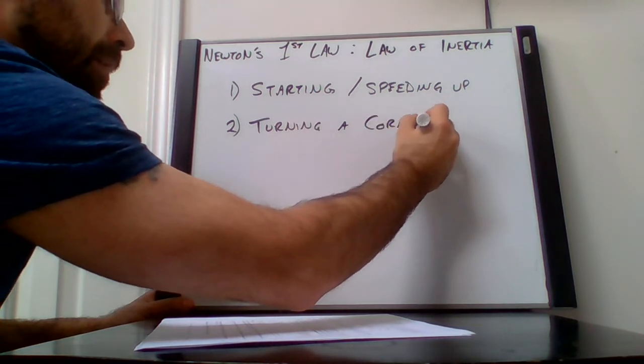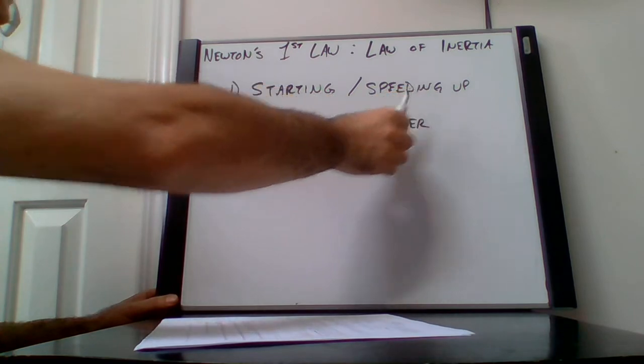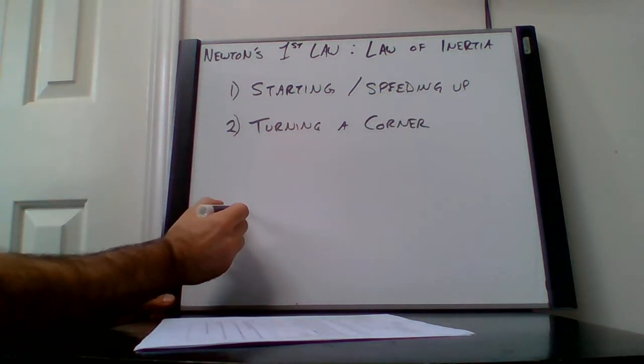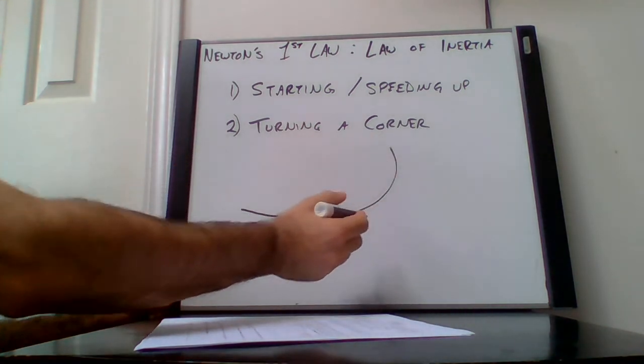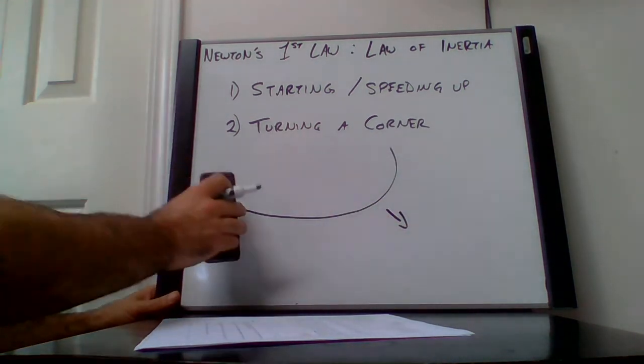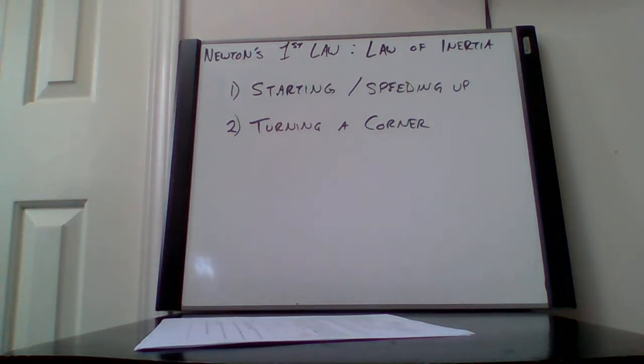Okay. We were going straight, we're changing our motion as we're moving around that corner. So if I'm going this way around a corner, I'm going to feel that inertia pushing me out on that side. Okay, this is where we get that thrill of being in a different type of ride at the fair.